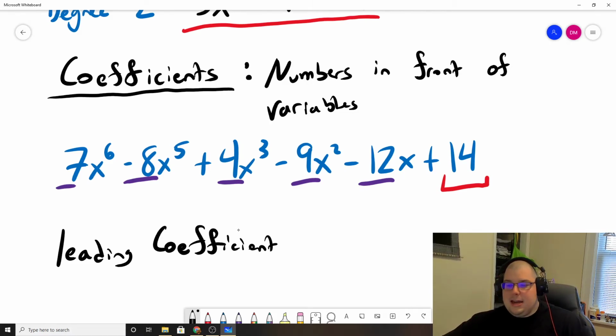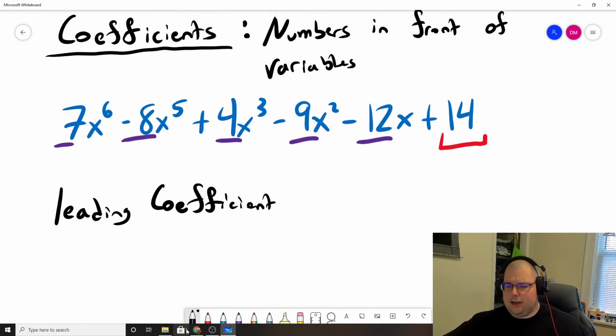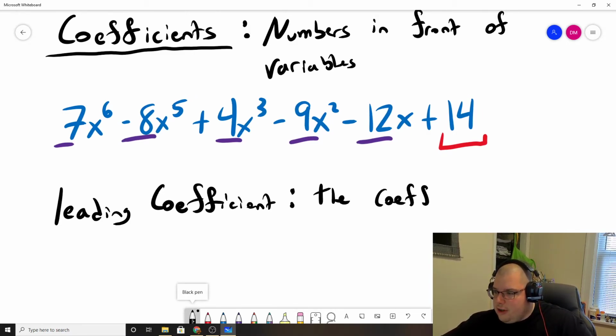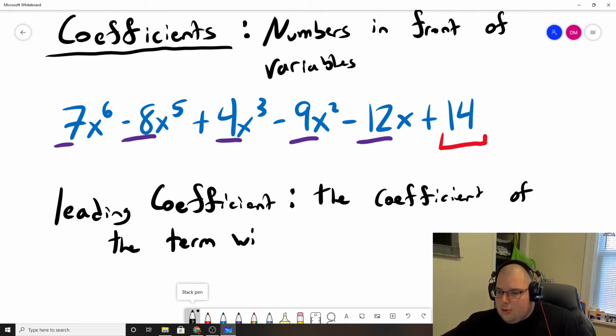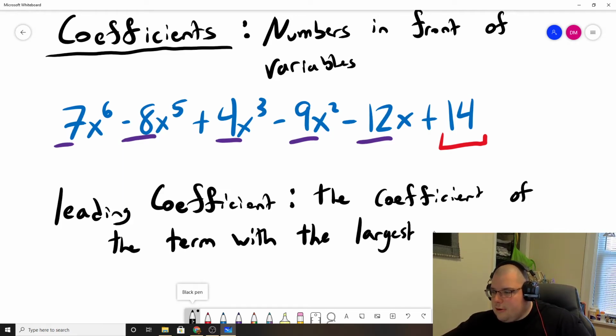The leading coefficient is the coefficient of the term with the largest exponent. Well, I shouldn't say degree, because that would be the degree, largest exponents.